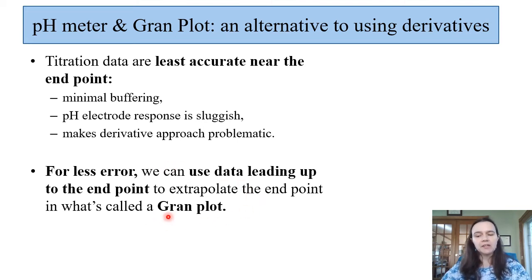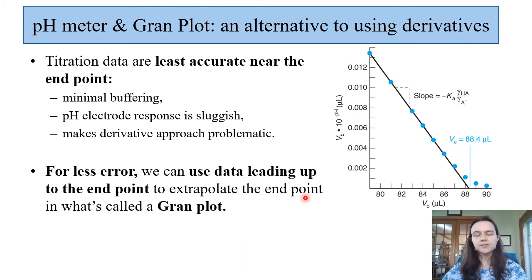This is called a Gran Plot, and it appears like so, where you have the original volume of base on the x-axis, and then the y-axis is the volume of base times 10 to the minus pH.